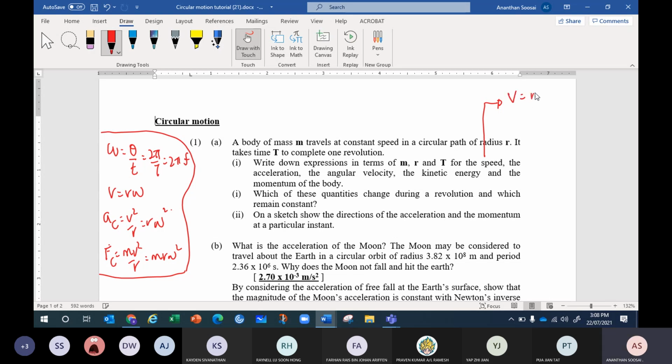Speed equals r omega. Omega we can put in terms of period, right? Omega in terms of period is what? 2 pi over T. So yes, 2 pi r over T is your speed. Pi is no problem, pi is just a number. So 2 pi r over T is accepted. That's the answer for the speed.